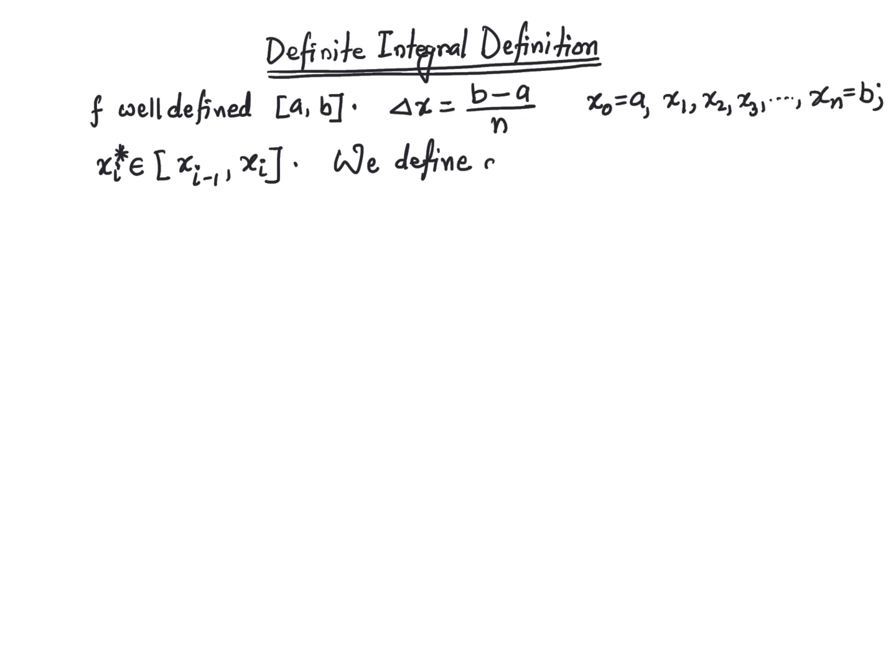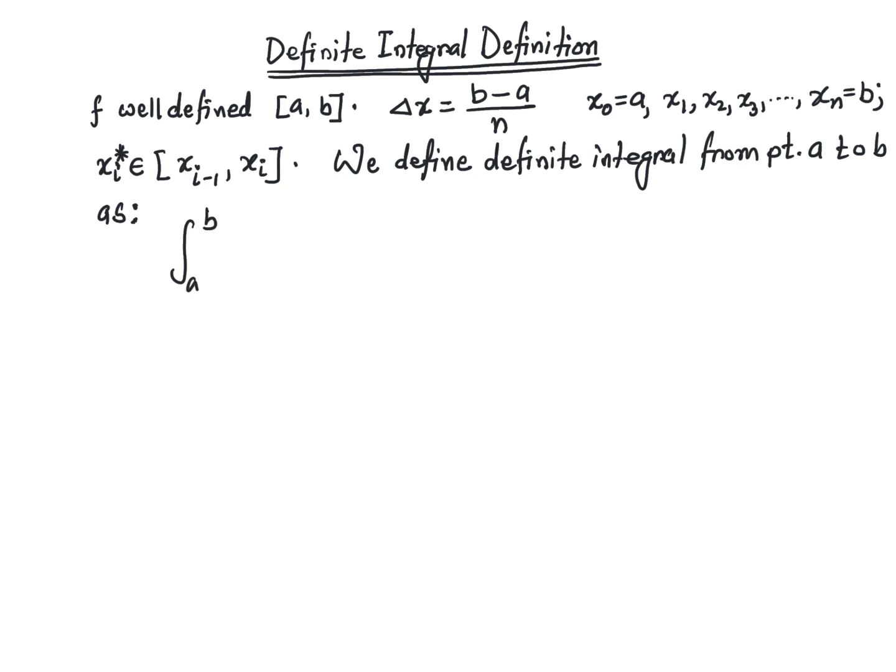We define the definite integral from point a to b as the following: the integral from a to b of f of x dx, which is defined as the limit as n approaches infinity of the summation i equals 1 to n of f of x sub i star multiplied by delta x. So this is the official definition of the definite integral.